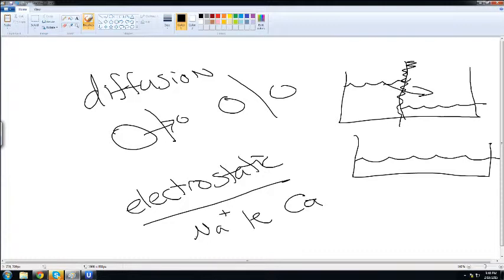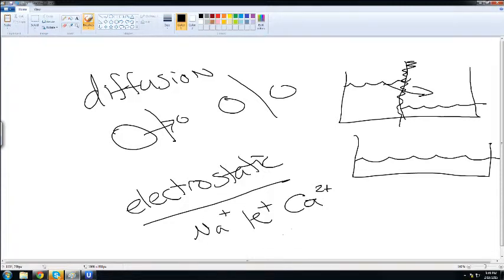You can add electrical charges or take them away by manipulating the number of electrons associated with an element. We don't really have to worry about that right now. This is what we call a cation. Cations have a positive charge. Potassium is also a cation. It has a positive charge. And calcium is a cation with two times positive charge. So all these are ions that carry a positive charge.